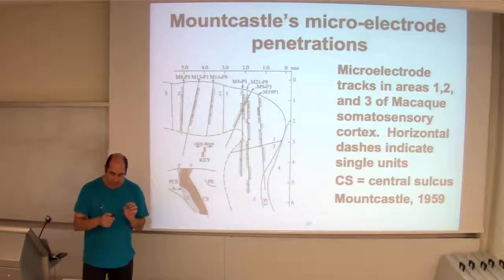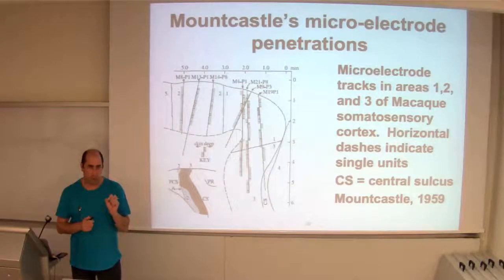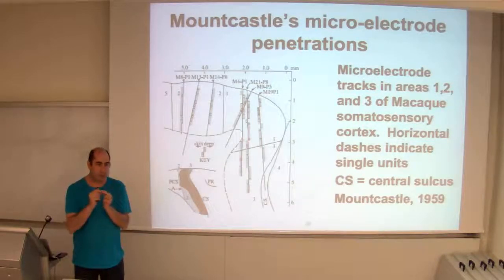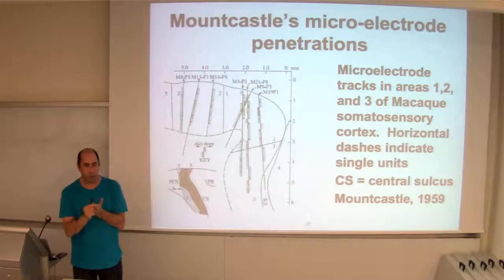And this gave him good access to separate different modalities. If you give stimulation at 4 hertz or at 200 hertz, you know that at the same location you're activating different receptors.